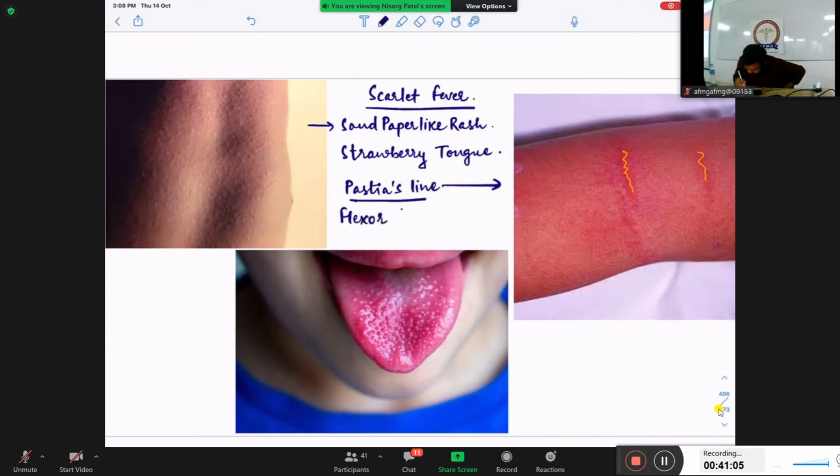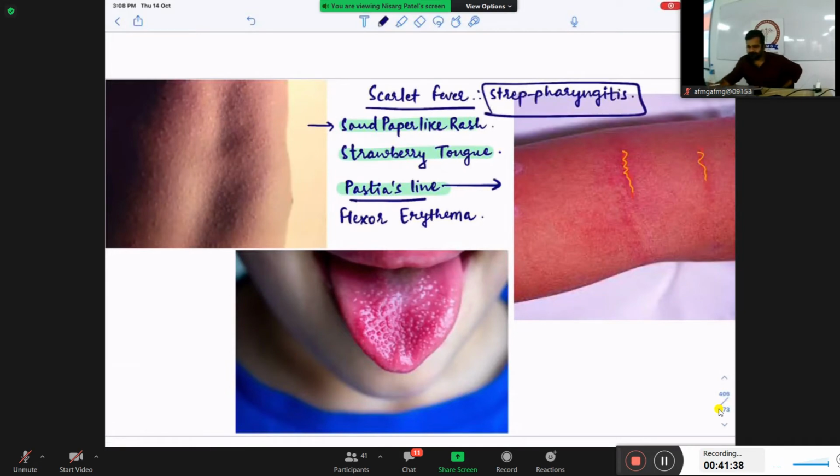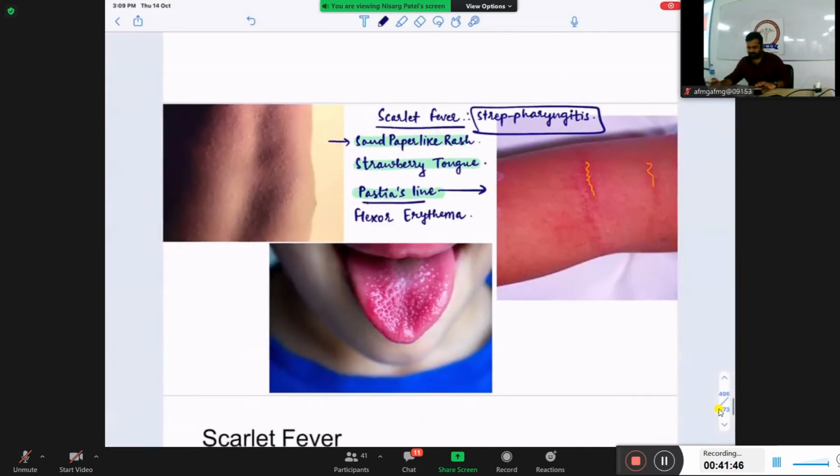So you can remember it like this: it is a flexure erythema. What is the causative agent of scarlet fever? It is because of strep. A person can have strep pharyngitis.